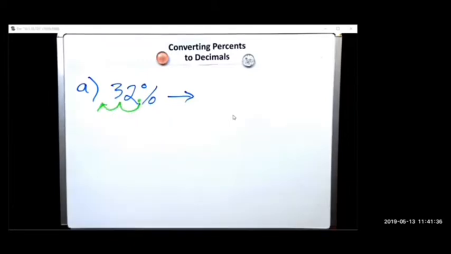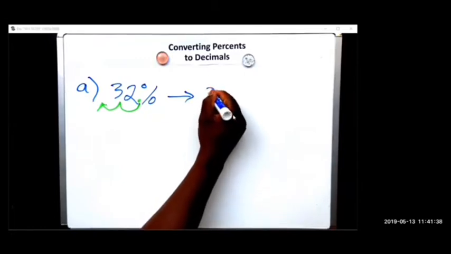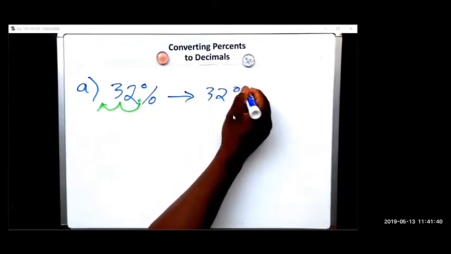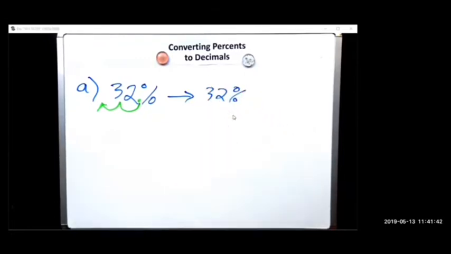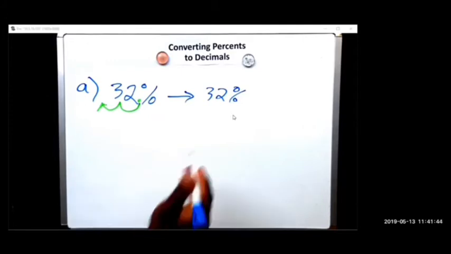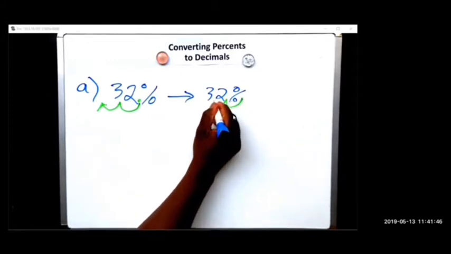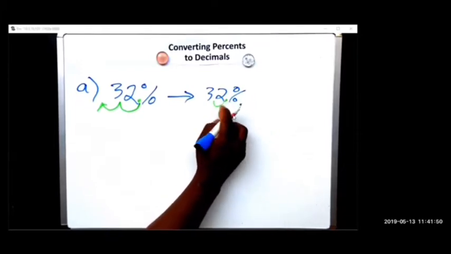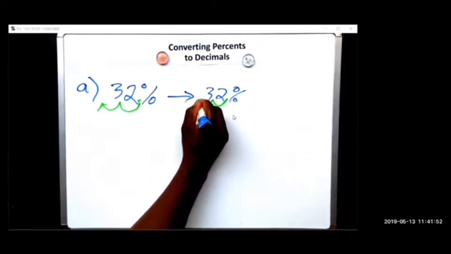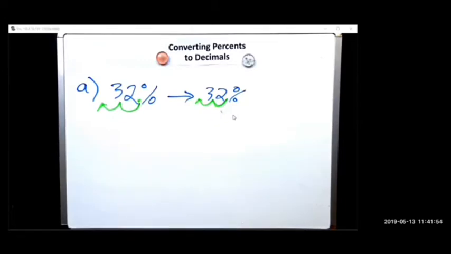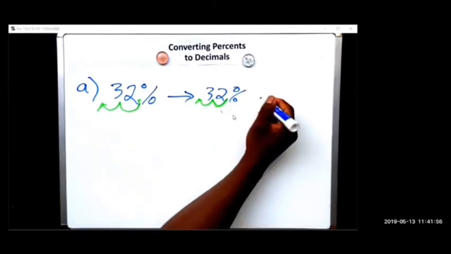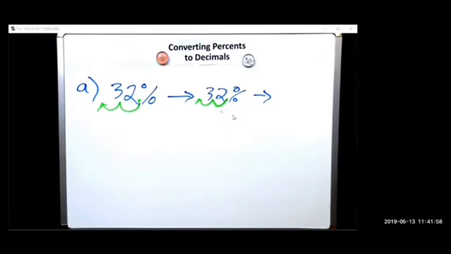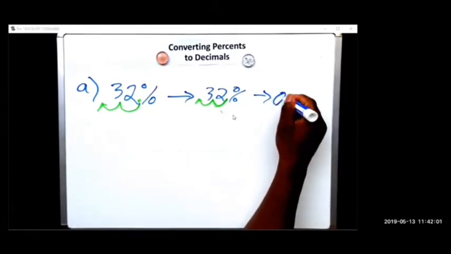I'll just write it like this, 32%, and I'll move it 2 spaces to the left. Uh-oh, not quite. Originally, the decimal is right here, 1, 2. It's going there. So our final answer is 0.32.